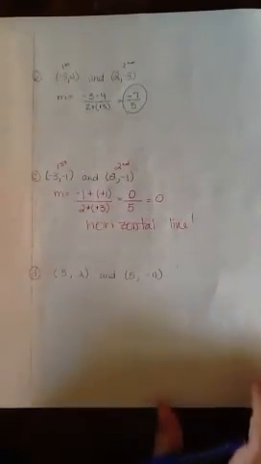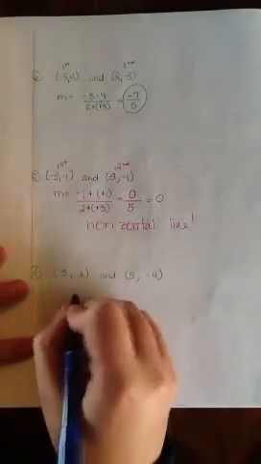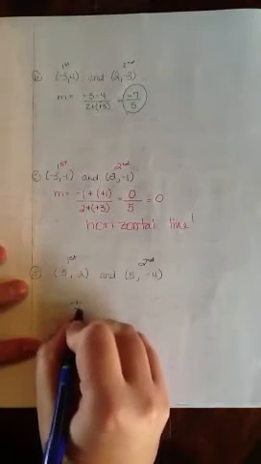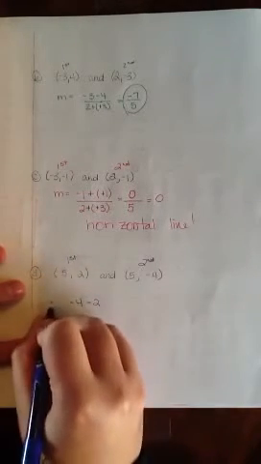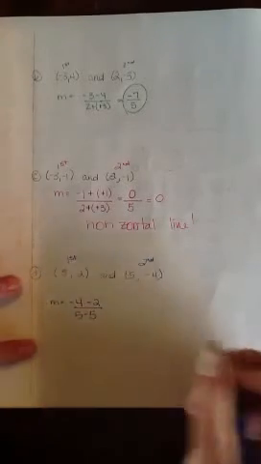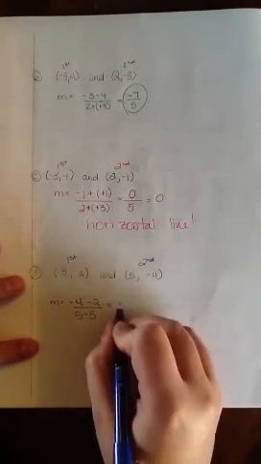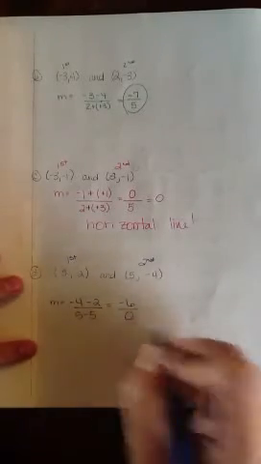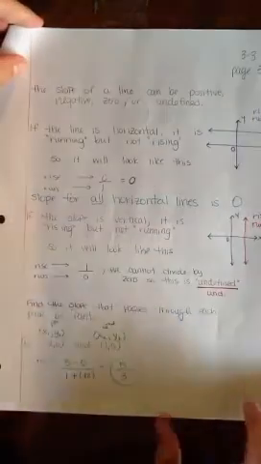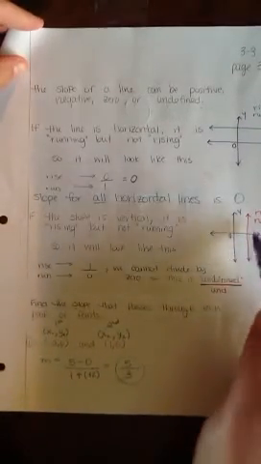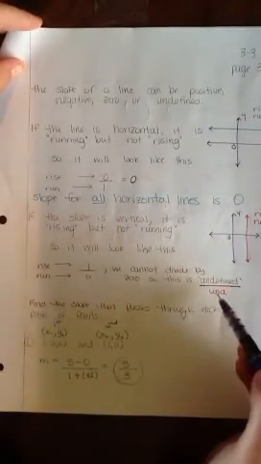Okay, let's take a look at that last example. We have our first point, second point. I get -4 minus 2 over 5 minus 5. -4 minus 2 gives me -6 over, and 5 minus 5 gives me 0. Go back to the previous page again. When we got a number over 0, which was our vertical line, we can't divide by 0.